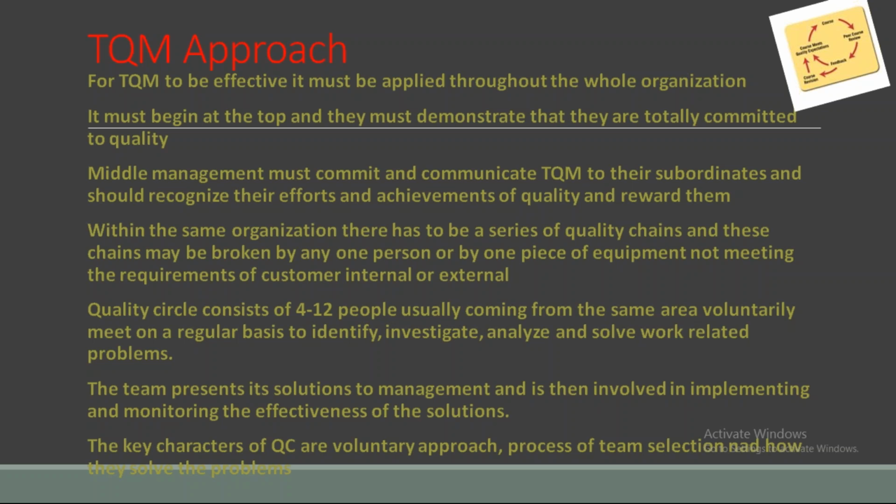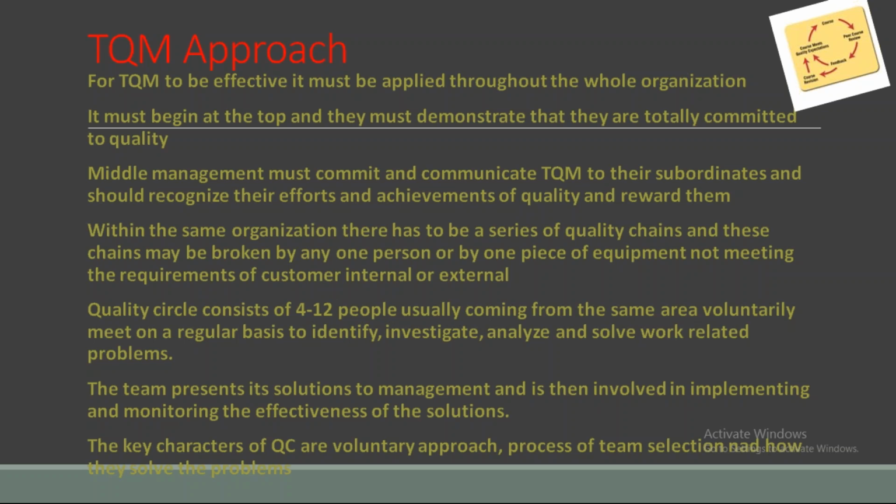The CEO and the executive directors should be committed to quality. And the middle management are the people who are going to communicate the total quality management strategies to their subordinates, and also monitor what the quality is and appropriately reward them.